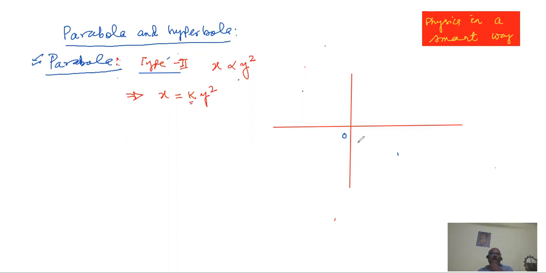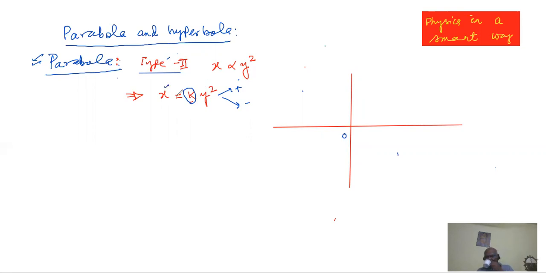x equals ky square. When somebody says like that, we know in this situation, if for the time being we consider k as positive, y becoming plus, y becoming minus doesn't matter because this has got y square, x is to come out as positive.